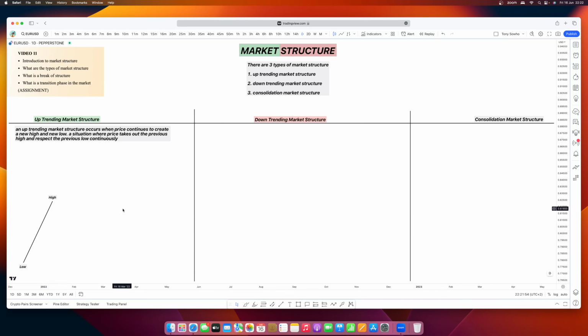Now, let's go back to the definition again. It says an uptrending market structure occurs when price continues to create. Continuous means it has to keep happening, continue to create new highs and new lows. A situation where price takes out the previous high and respects the previous low. Now, price has given us this low, and now we have this high.